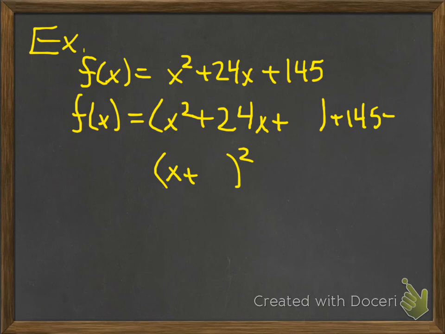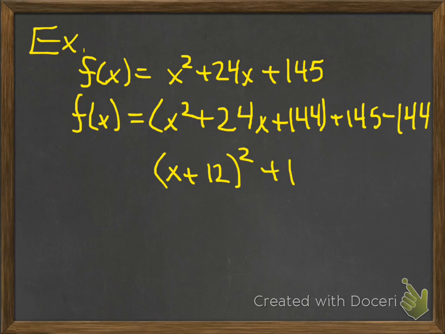And then from there, what's 24 divided by 2? 24 divided by 2 is 12. I'll go ahead and write that in the parentheses. Then I'm going to square that and write that up back on the previous step. 12 squared is 144. If I take 144 there inside the parentheses, I'm going to have minus 144 outside. That gives me 145 minus 144 is 1.